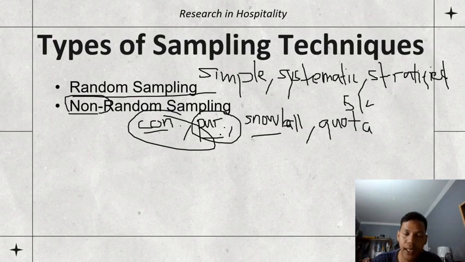So you have to purposely select your respondents. Not like in the simple, systematic, and stratified random sampling, in which everyone has a chance to be included in the study. But in purposive sampling, the researcher purposely selects who will be the respondents of his study. So on and so forth for convenience, purposive, snowball, and quota.